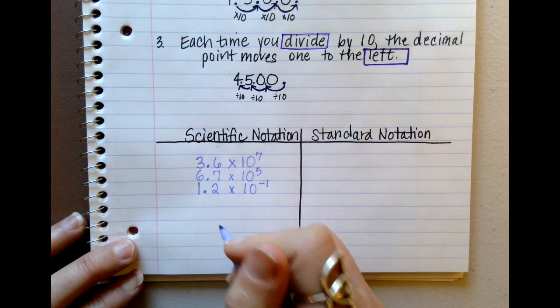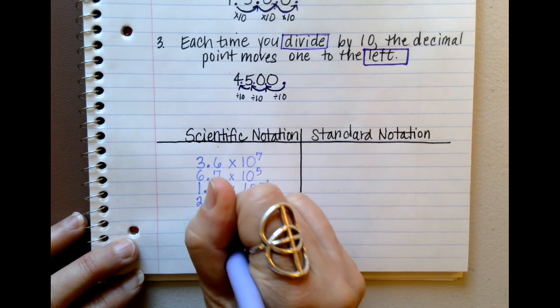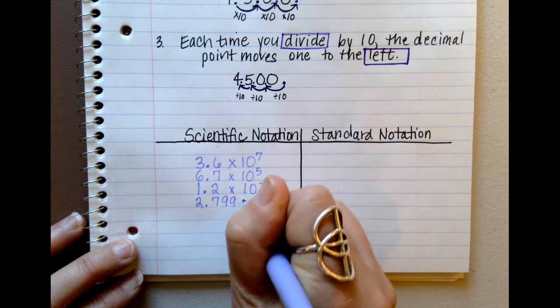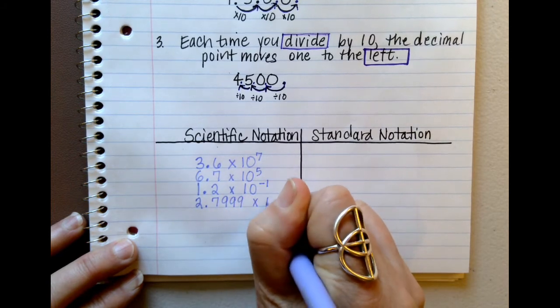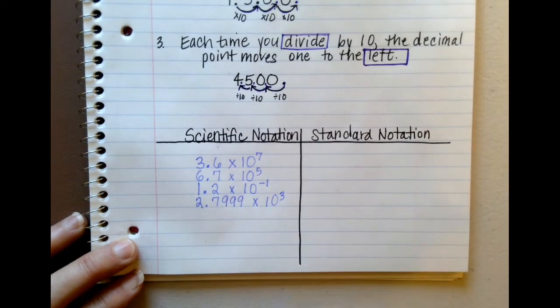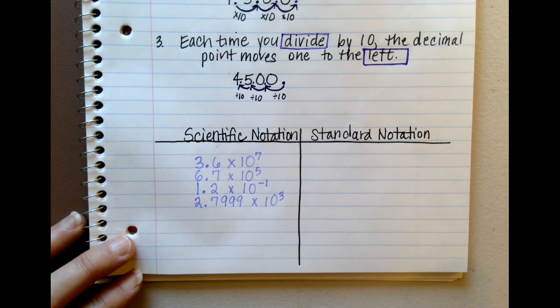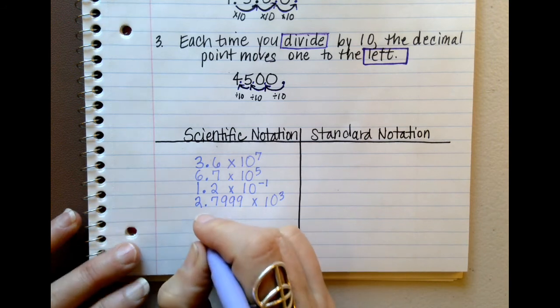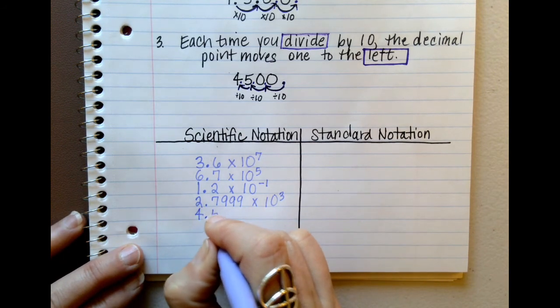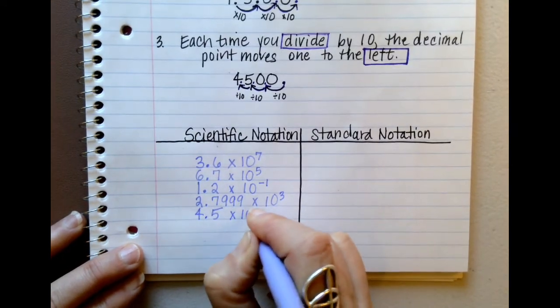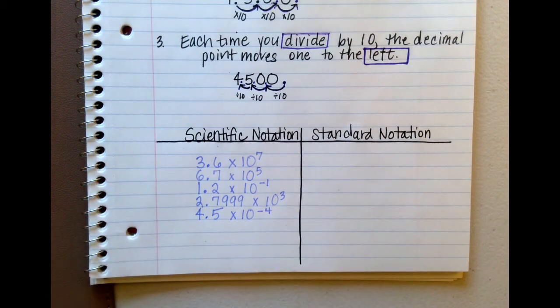Another example might be 2.7999 times 10 to the 3rd. And how about another example might be 4.5 times 10 to the negative 4th.